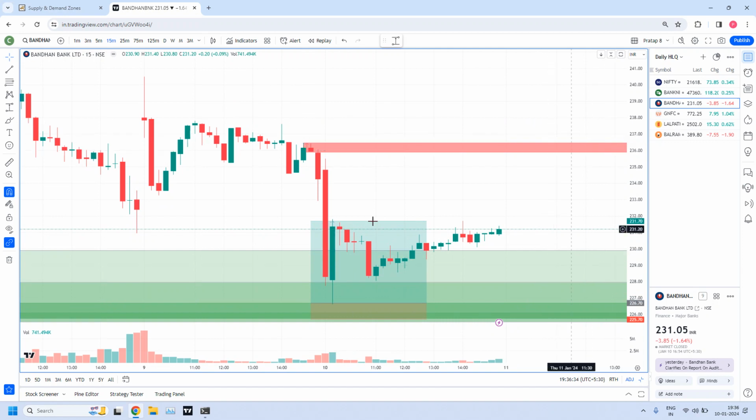But today, we have a 1:10 RR. When you have such a huge RR, there is nothing wrong in taking the trade directly on the 15 minute zone. And the second thing is, it may not be able to reach the 15 minutes target.